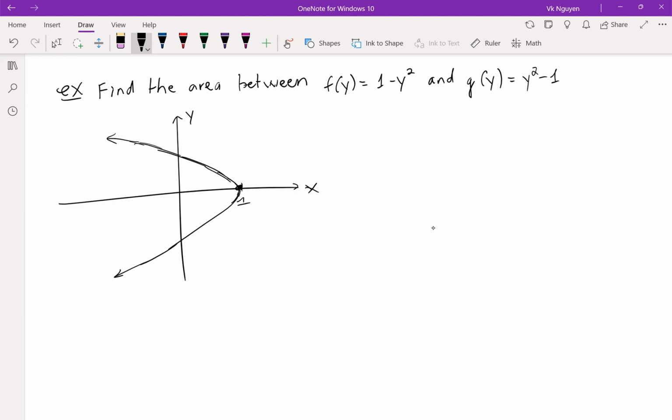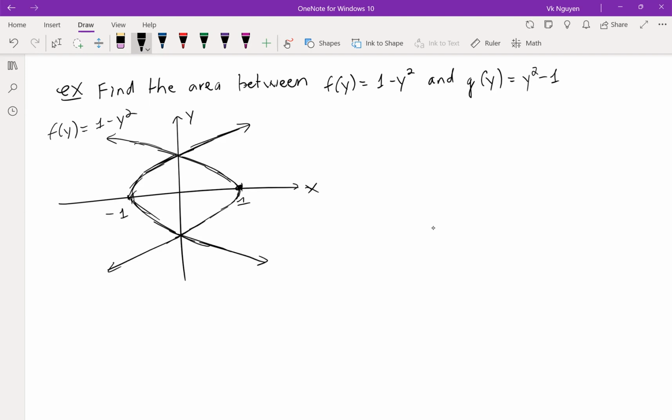Here's f(y) equals 1 minus y squared, and g(y) is y squared minus 1. Look at the area between them. These are two functions in terms of y, so we use a horizontal stripe.